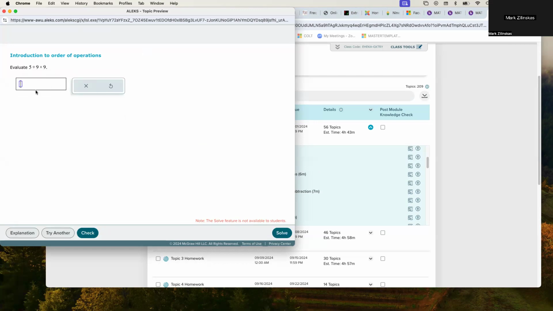Looking at questions like this, you can just pretty much enter this in your calculator and take the order of operations, if you remember that acronym PEMDAS: P for parentheses, E for exponents, M for multiplication, D for division, A for addition, and S for subtraction. So do those operations in that order.